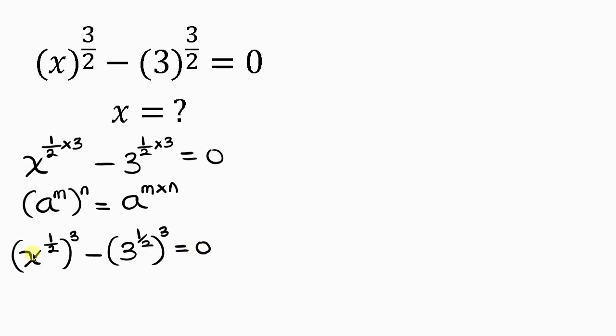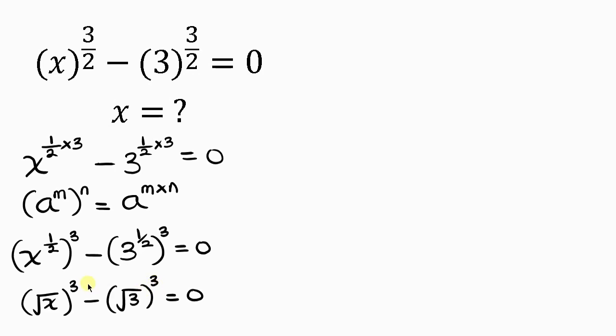Now, from indices, a power of half is same as a square root. So this expression can be written as the square root of x, and this is raised to a power of 3, minus, do the same thing here. This becomes the square root of 3 raised to a power of 3 equal to 0. Now we have difference of 2 cubes.